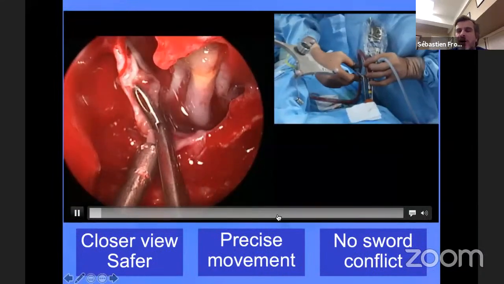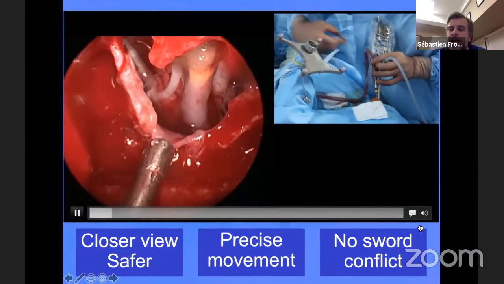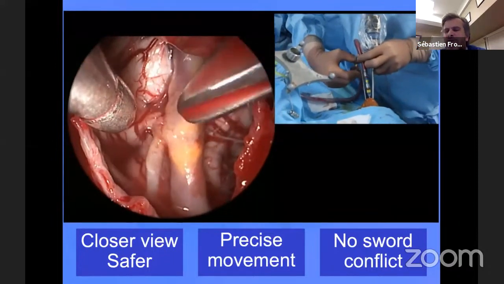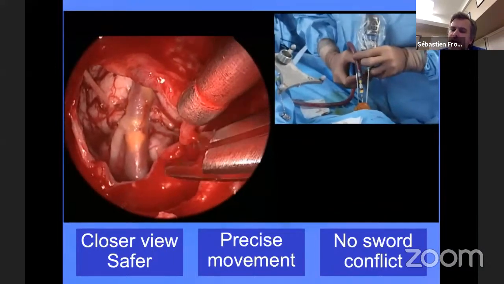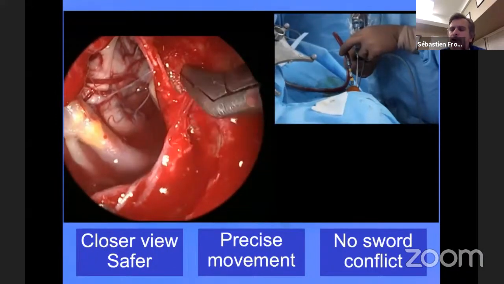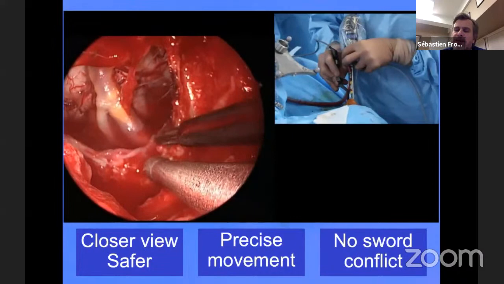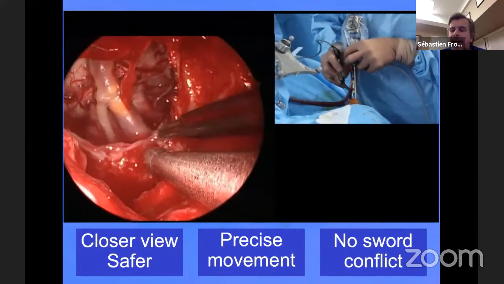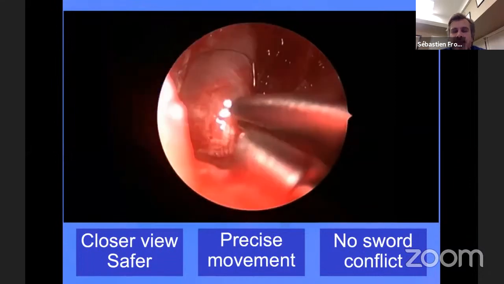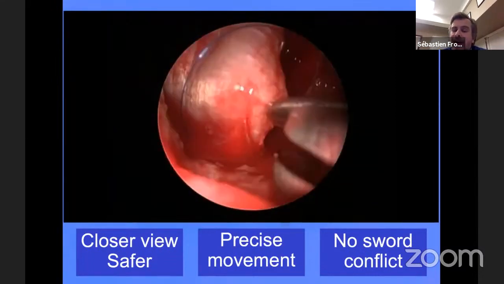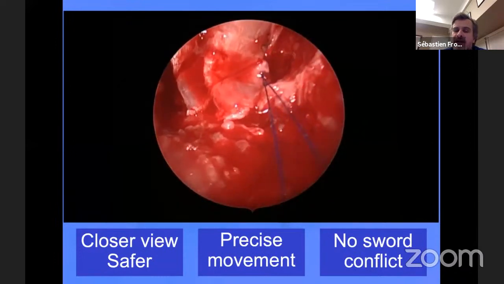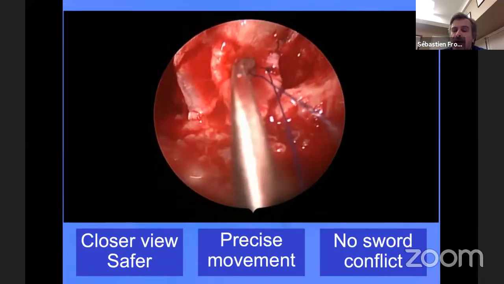This is an example of how I use it. You see that my fingers are holding the tube, rotating the tube, rotating the suction. Most often I am just supporting the tube of the aspiration, not more. Again, there is no space for those instruments to move anyway. The advantage is that I can really have my endoscope very close to the tip of my instruments without sword conflict.